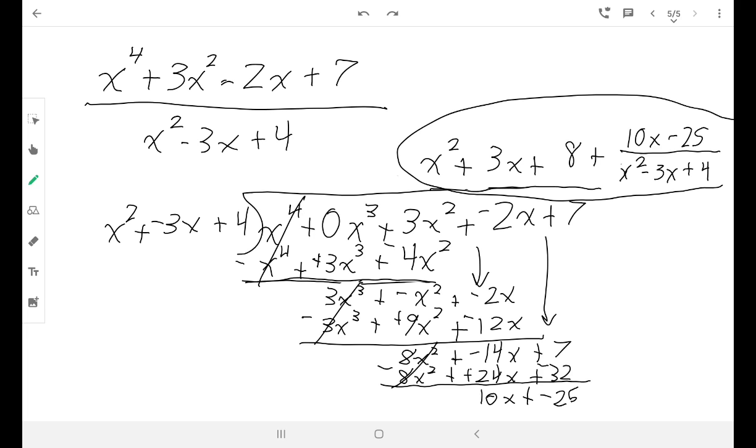At least making a mistake is something that I can go back through and fix. Not being able to start the problem at all is a totally different problem that you can't fix in any way, shape, or form. Okay? So that is long division and why it is so much better than synthetic division.